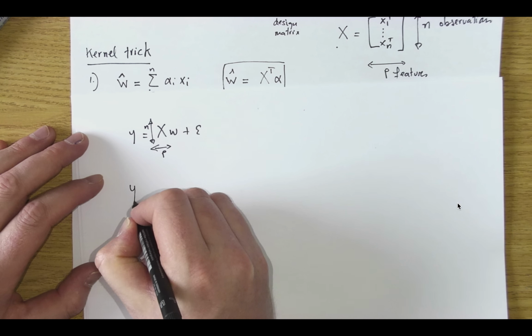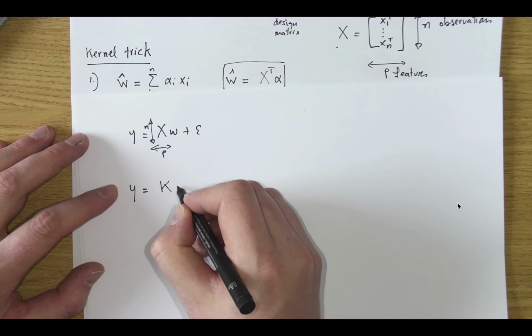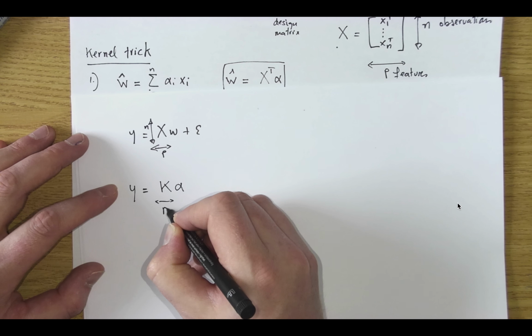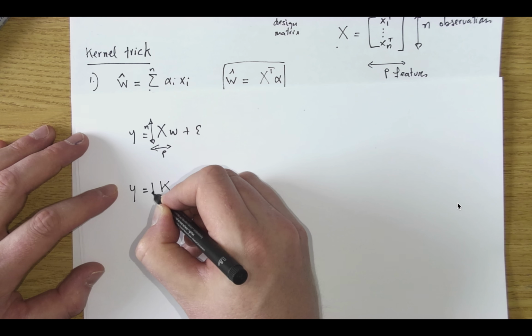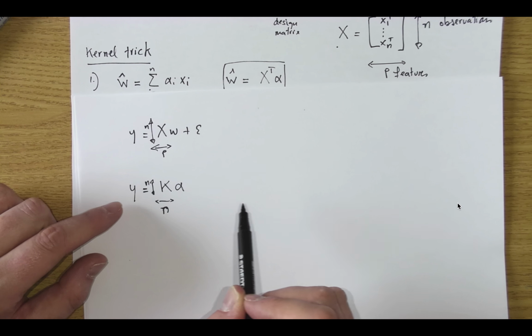Now the new problem we write this way, and this is of size n by n. So now there is no more p.